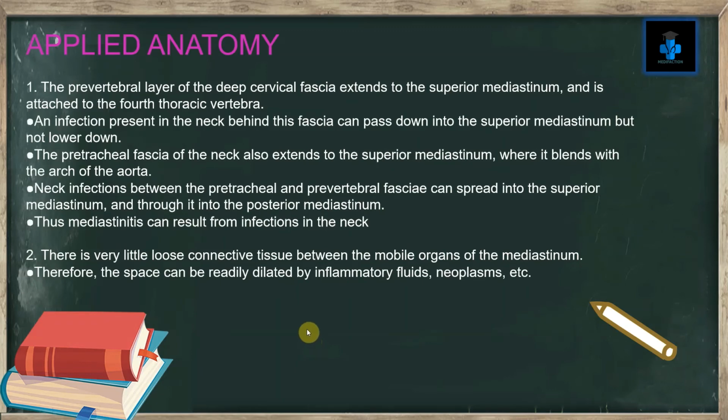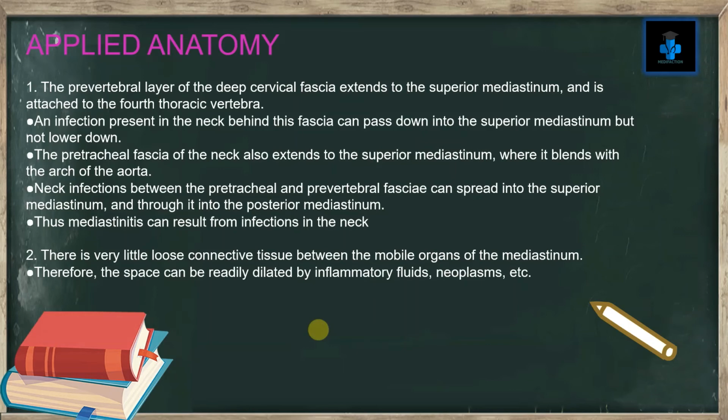Now let's discuss some applied anatomy. The prevertebral layer of the deep cervical fascia extends to the superior mediastinum, and it is attached to the fourth thoracic vertebra. An infection in the neck behind this fascia can pass down into the superior mediastinum but not lower down.